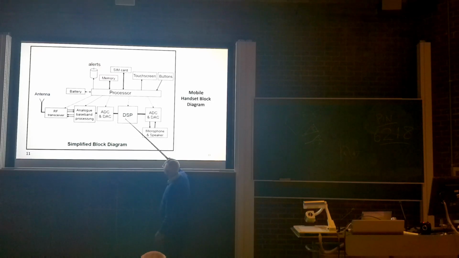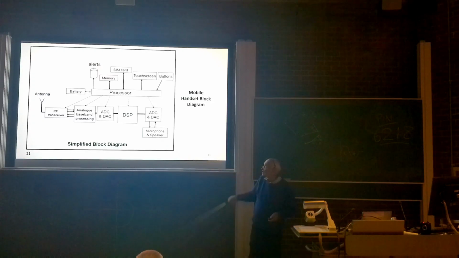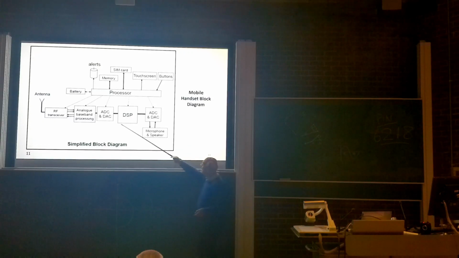These are all two-way things, and all the filtering and separating of the channels and making sure that one channel doesn't interfere with another is all done there. And then, at a much lower frequency than these, you will have an analog and digital converter to go to the microphone and speaker. These are audio frequencies, whereas these are at medium RF radio frequencies.